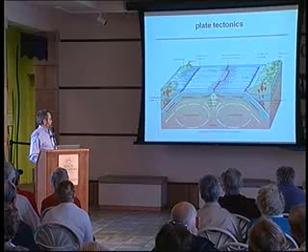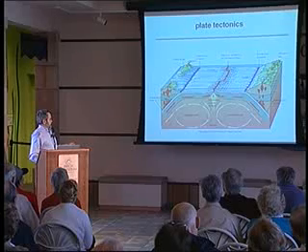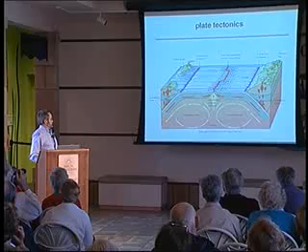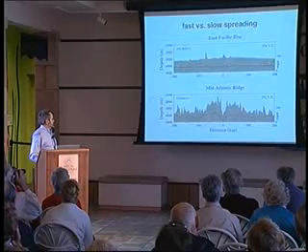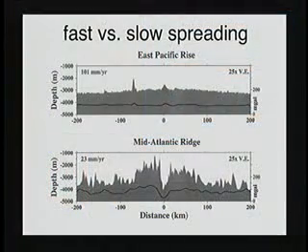So I'll take you on a tour of the Earth, keeping these features in mind and looking at how these features are expressed on the ocean floor. Oh, a really important aspect of seafloor spreading is that the seafloor seems to spread into 2 modes.